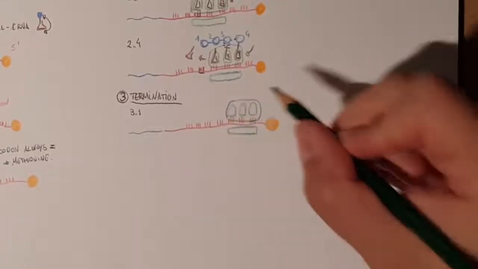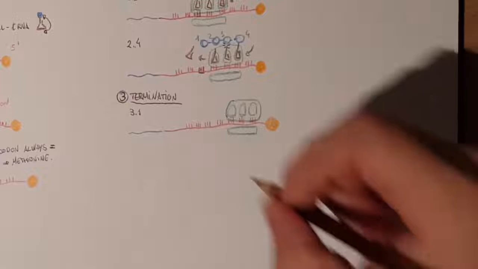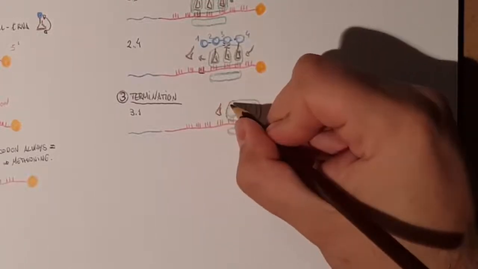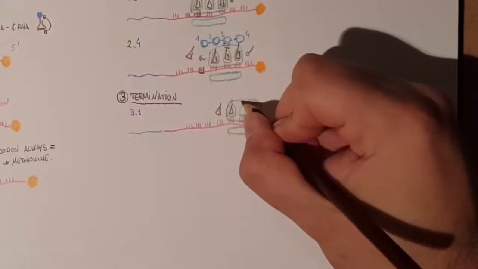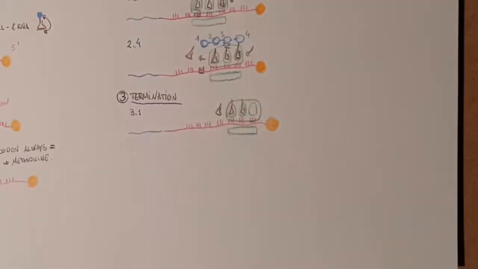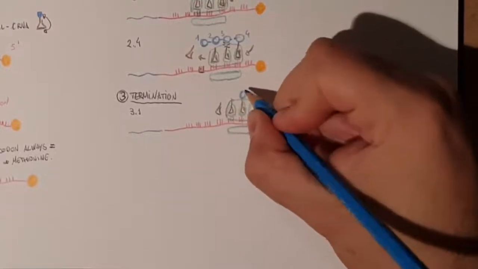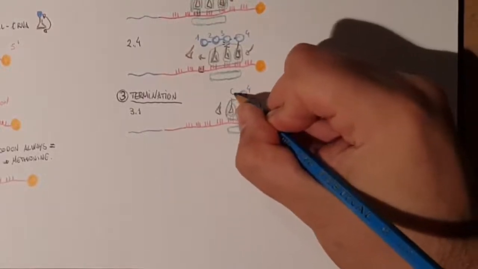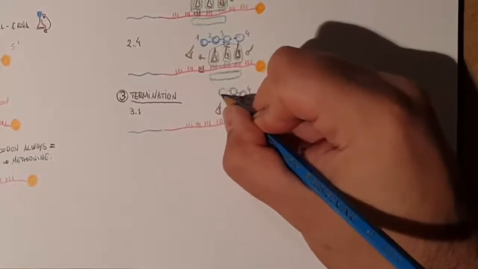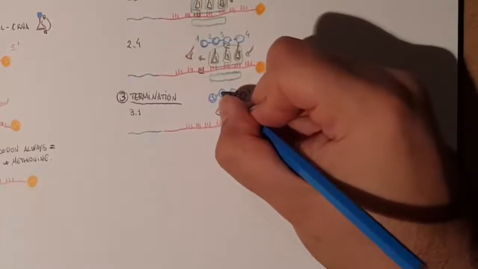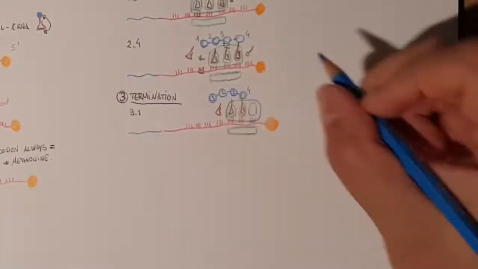So we're going to have here one tRNA that comes out. Here we're going to have 4, 3, 2, and 1, 1, 2, 3, 4.